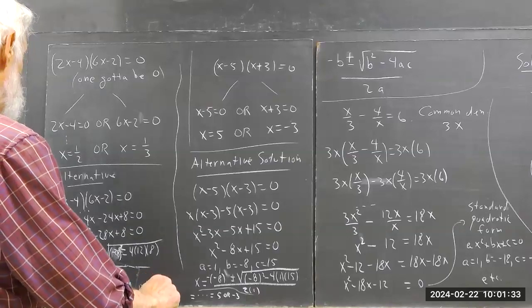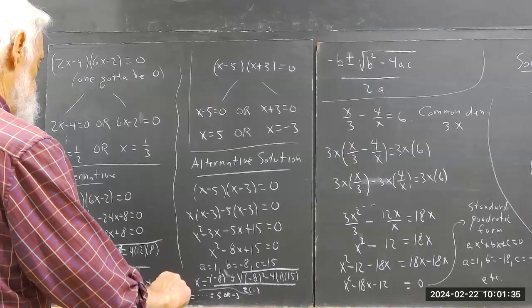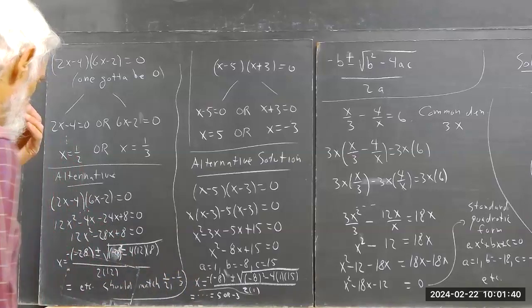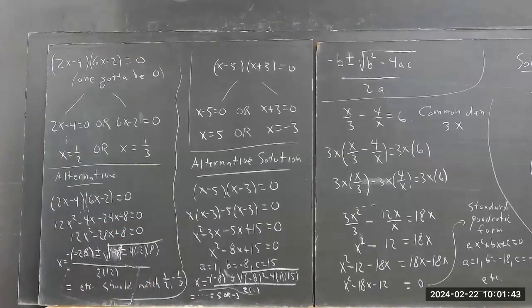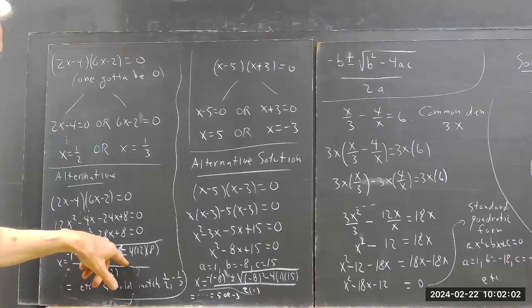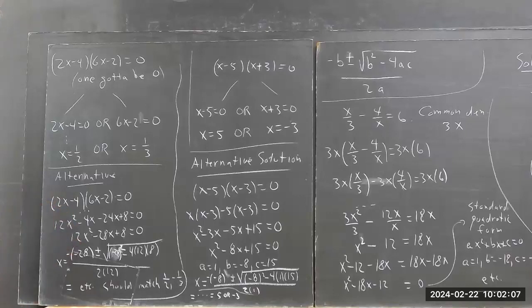But the result should match 1/2 and negative 1/3. Let me look at my numbers again. I think this must be 384, so that you get the square root of 400 here, which would be 20. And I think that would lead you.